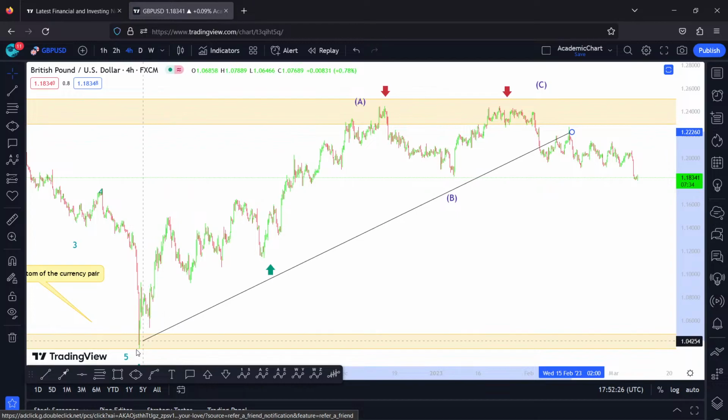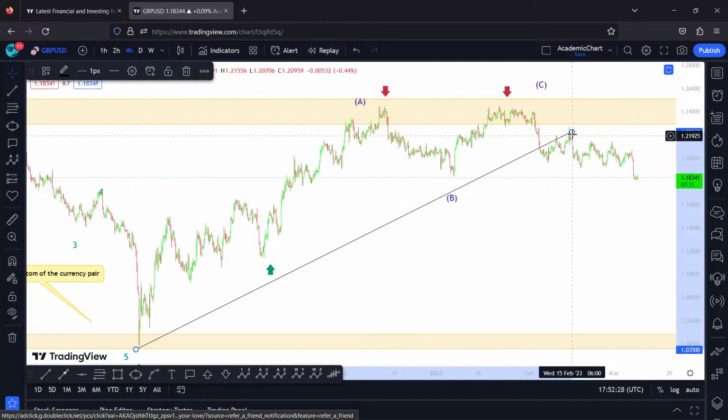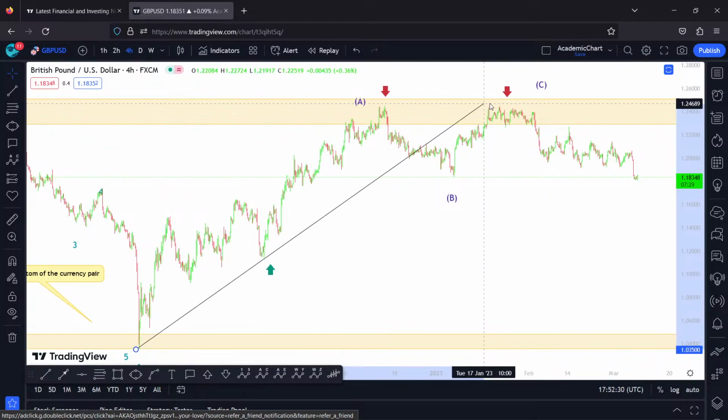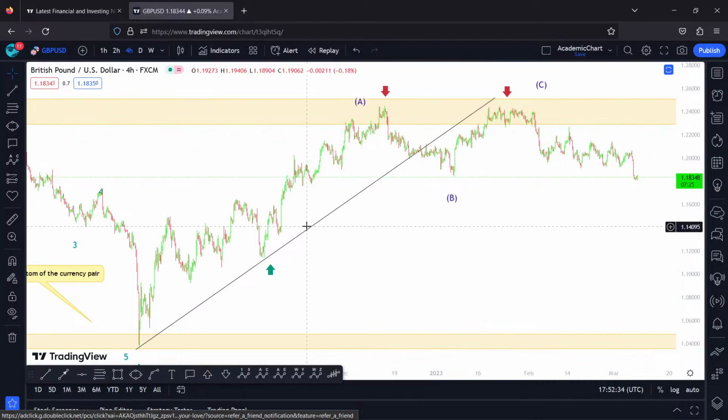Let me show you exactly what was my problem with the previous trend line. This was the trend line. First of all, I can see that I have missed several major higher lows on this trend line. And also I can see a huge gap between this and the trend line.